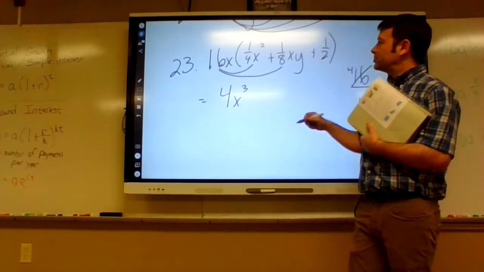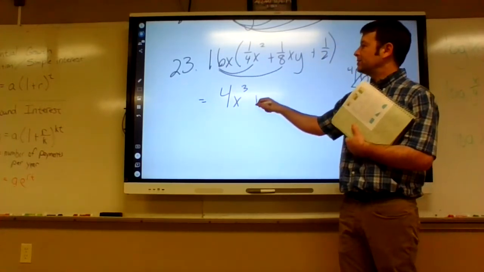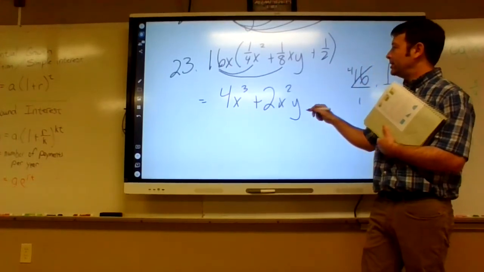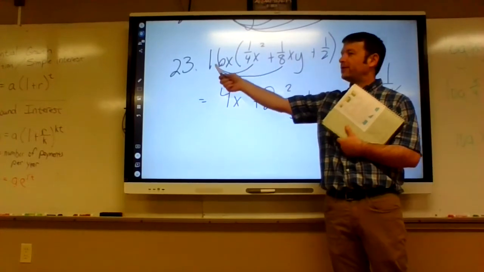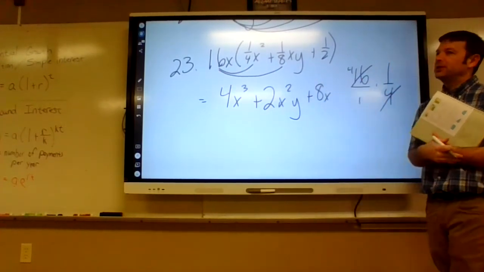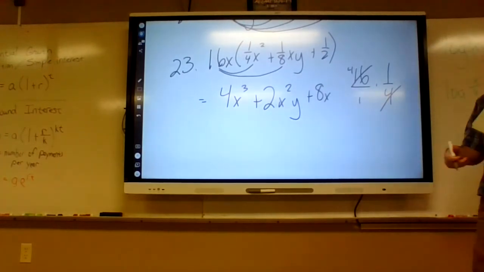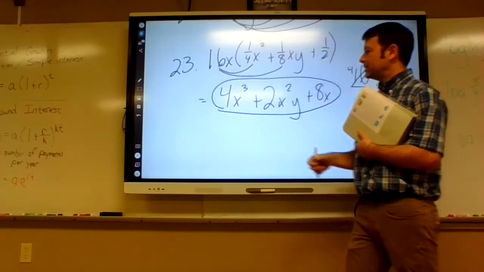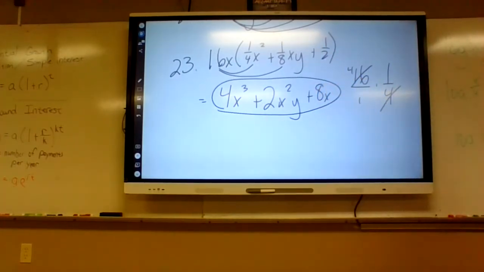Okay, and what's 1/8 of 16? 2. Then we have x squared and a y, plus what's 1/2 of 16? 8. And then don't forget the x. Don't forget to bring all the letters. It's easy to make a silly little mistake. Can we stop here? Nope, we're going to 27.